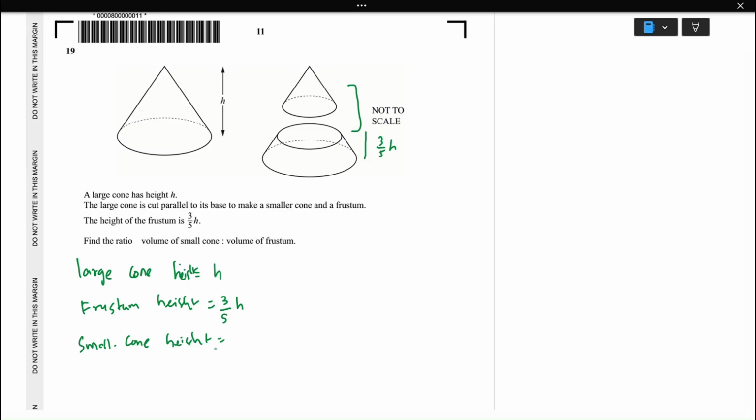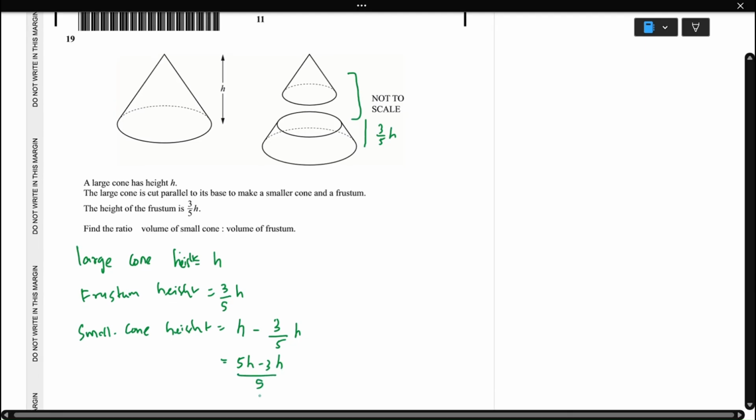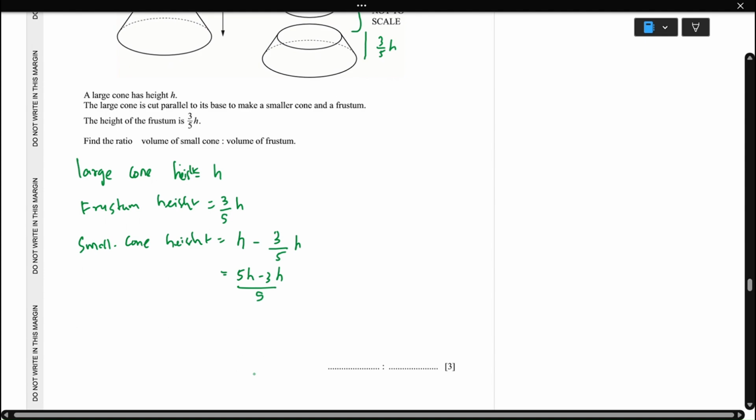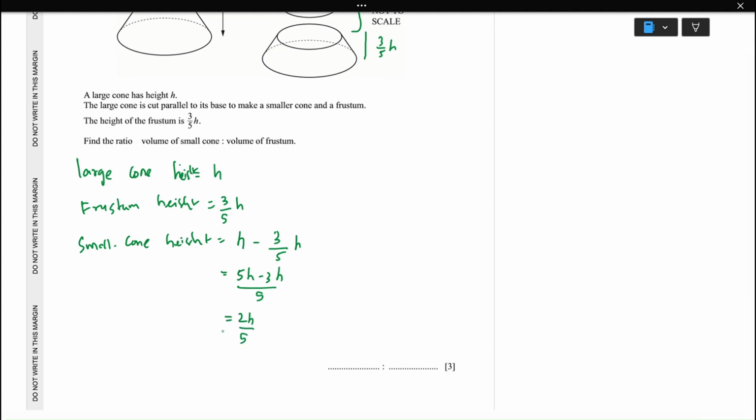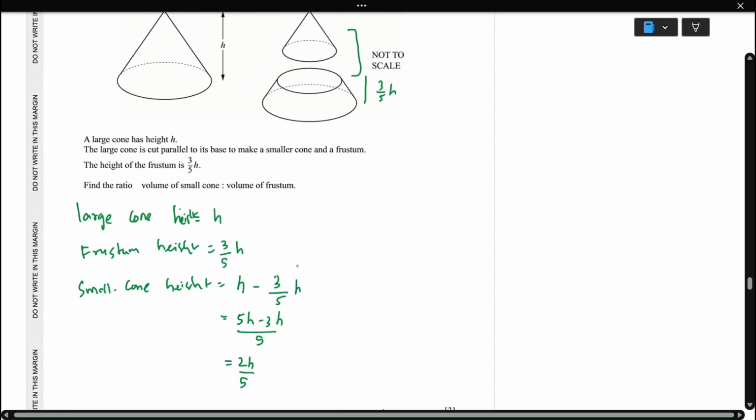The small cone height is the large cone height h minus the frustum height 3 by 5 h. I'll take the LCM: 5h minus 3h over 5, which is 2h over 5. So we got the heights of both.